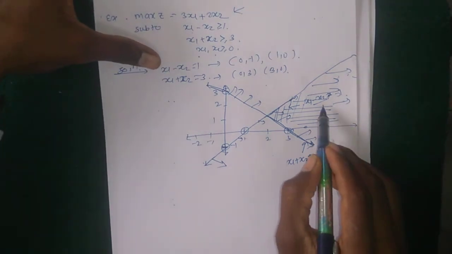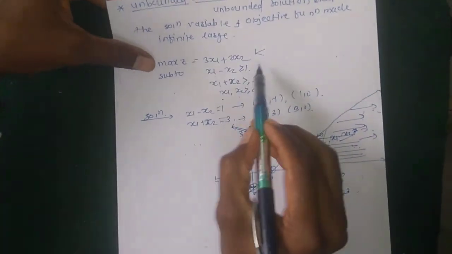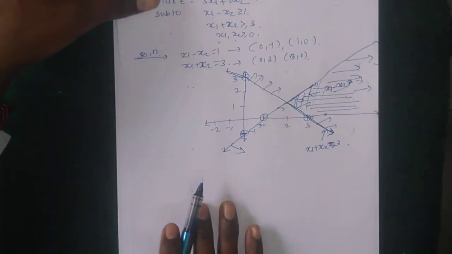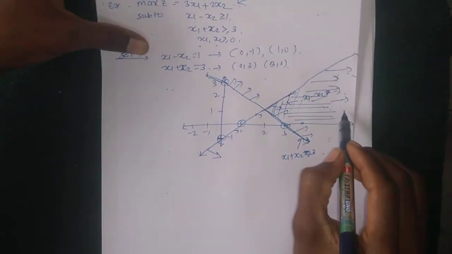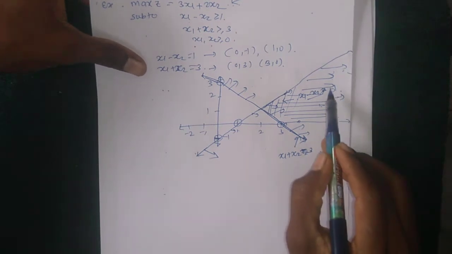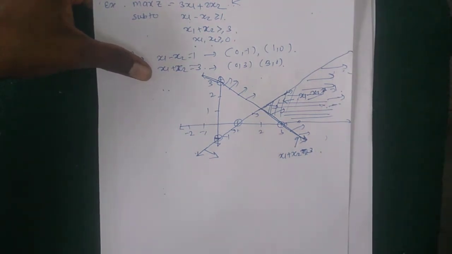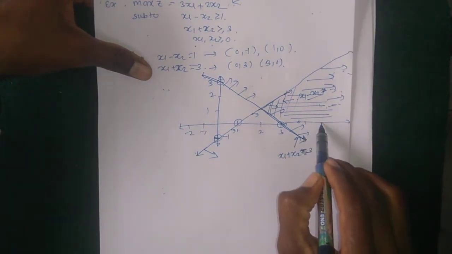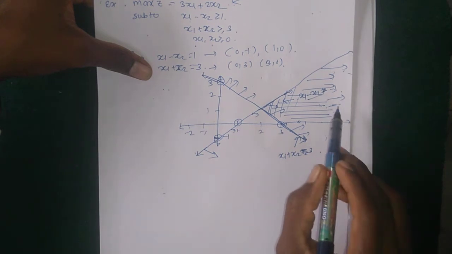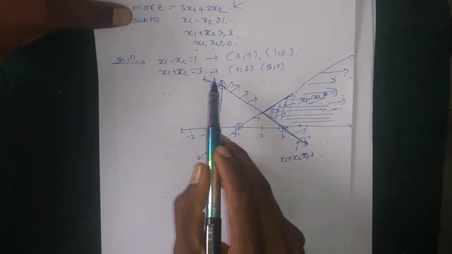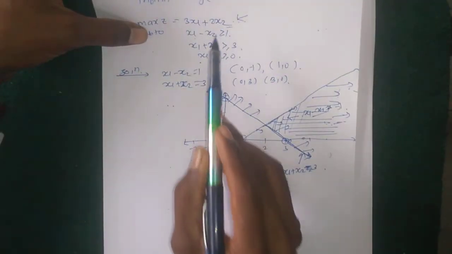Okay, and here the objective function is maximum z. The shaded region is an unbounded region. In the graph, this is the feasible region, and this feasible region is unbounded, and therefore for values of x1 and x2 the objective function is very large.